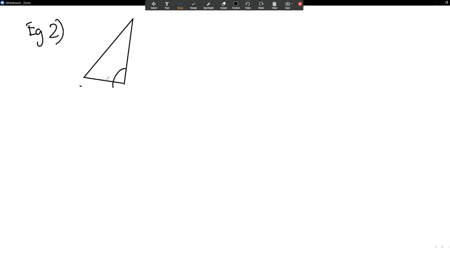So let's say this angle is 35, this is 25, this is 43, and this is x. Okay? We want to find the obtuse angle x, right? And remember, an obtuse angle is just one that's between 90 and 180 degrees.